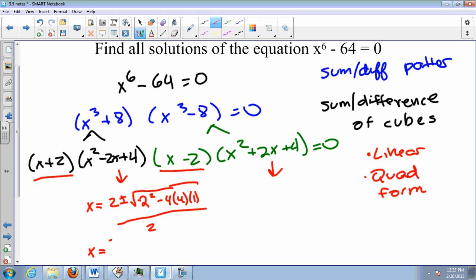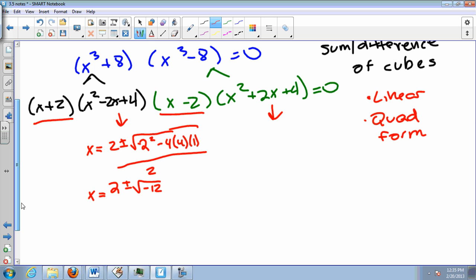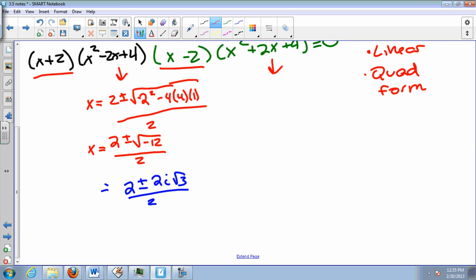It gets down to 2 plus or minus root negative 12 over 2. And we just reviewed how to simplify complex roots. So it goes to 2 plus or minus 2i root 3 all over 2, and we can simplify it one more step. You get 1 plus or minus i root 3.